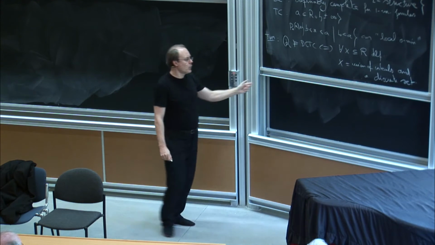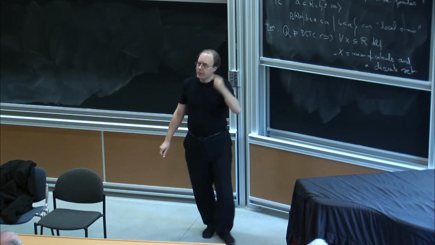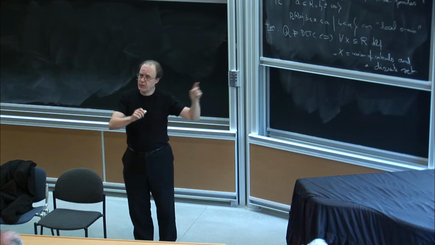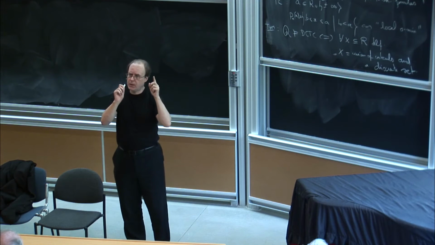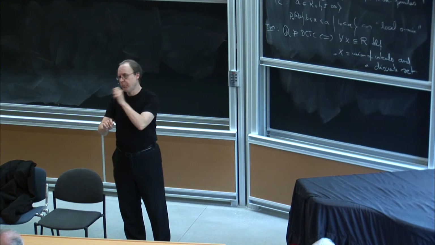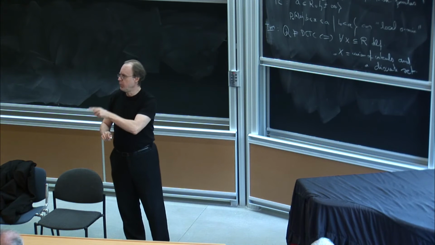So, in other words, a better way to say this is that, as in o-minimality, if the structure were o-minimal, X would be a finite union of intervals and points. And now it is a discrete union of intervals and points.